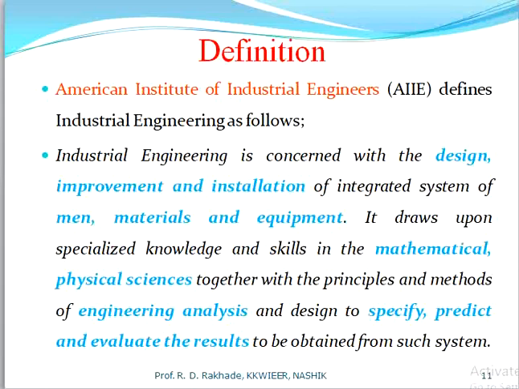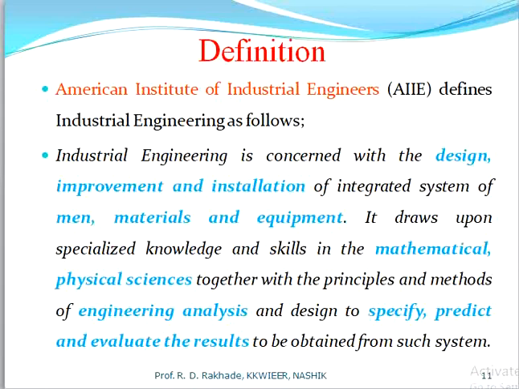According to the definition of the American Institute of Industrial Engineers, AIIE, industrial engineering is concerned with the design, improvement and installation of integrated systems of men, material and equipment.